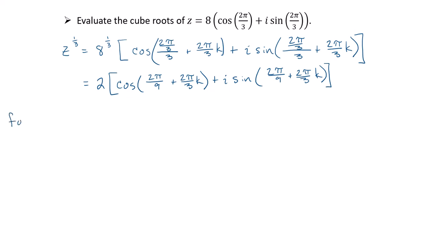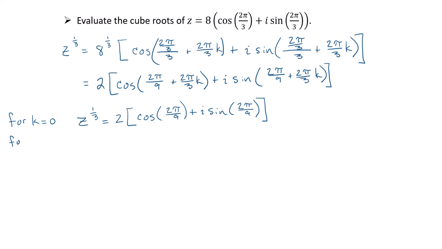So for k equals 0, we'll have z to the 1/3 equals 2 times the cosine of 2 pi over 9. If k is 0, this term goes away, so the angle doesn't change, plus i sine of 2 pi over 9 again.